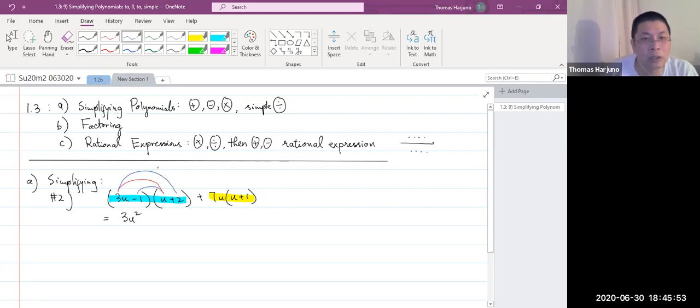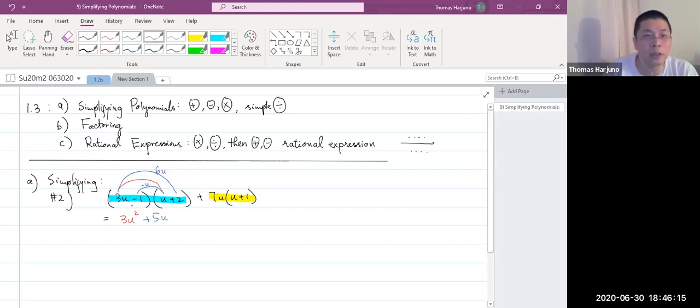The outer is 6u and the inner is -u. So when they combine, it will be 3u squared plus 5u.